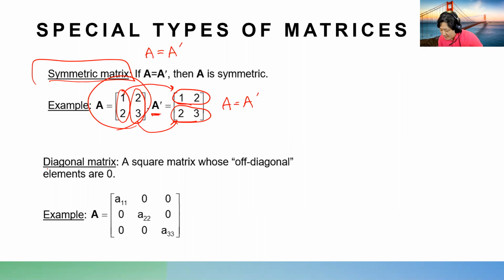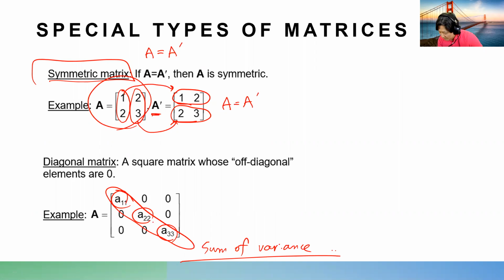Okay, and then a diagonal matrix. In the covariance matrix, these are all variances, right? The sum of these diagonal elements, I'm sorry, that is actually the trace. So these are A1, 2, 3. We only have the diagonal elements, and the off-diagonals are all 0.